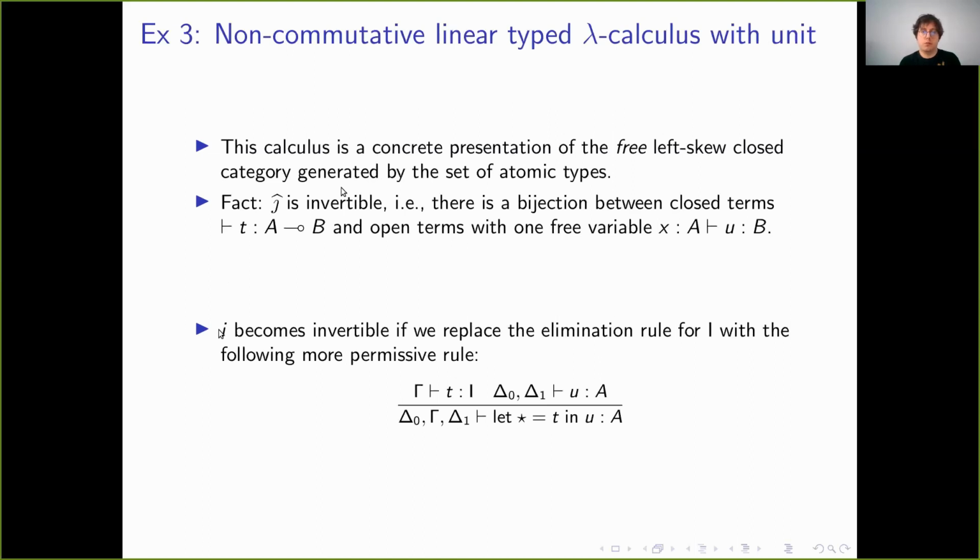And one may also wonder, what about the invertibility of I, for example? Well, this is obtained by relaxing the elimination rule for the unit with this more permissive rule, where now the gamma in the context of T can appear anywhere in the context of the conclusion here.